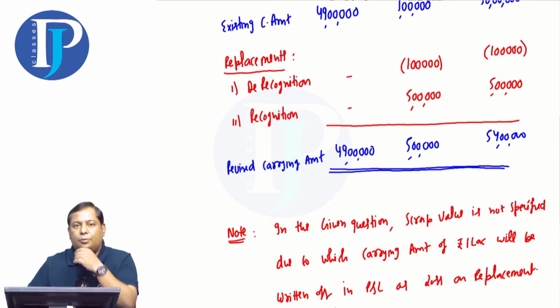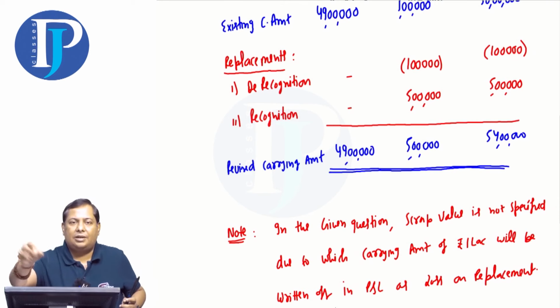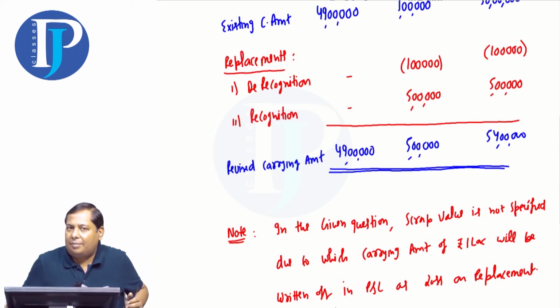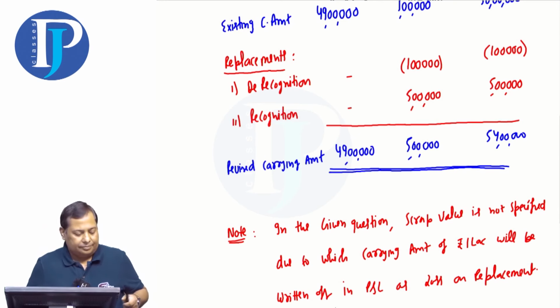Now in this question you weren't told about scrap. Therefore, when the carrying amount is derecognized, it will go to P&L. Otherwise, the entry would be bank debit, P&L debit to old asset. Put all in P&L. So this is question number 7.